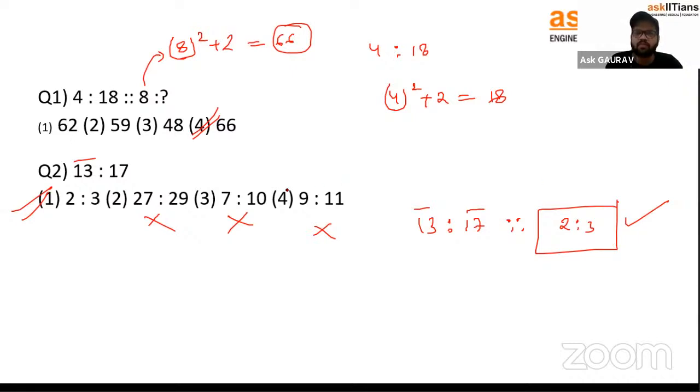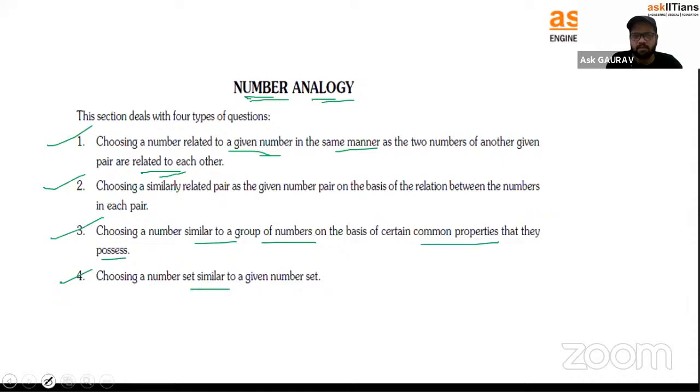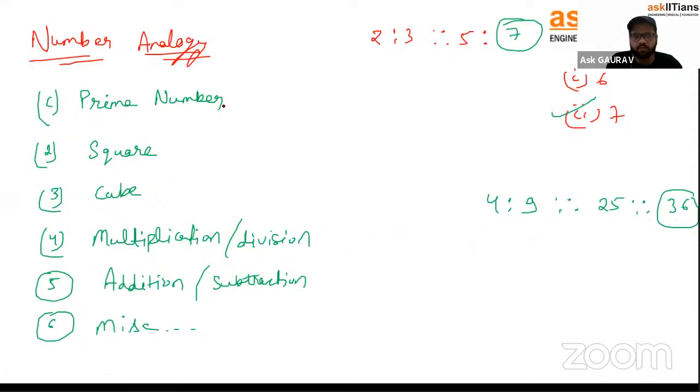Otherwise, if it's not there, then you have to see the same pattern, 13, 17, how you will go, 13 into 1 plus 4, something like that, right? Then all these patterns come in miscellaneous. I have written here: first prime number, then check square, cube, then multiplication, some division, some addition, some subtraction, and then miscellaneous.